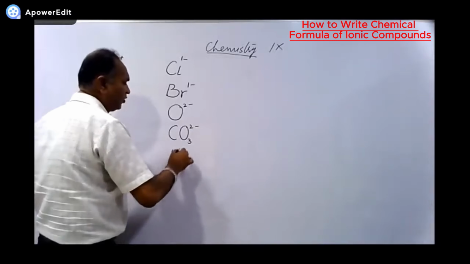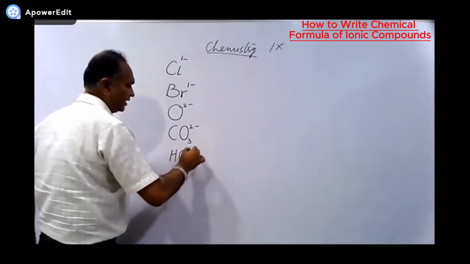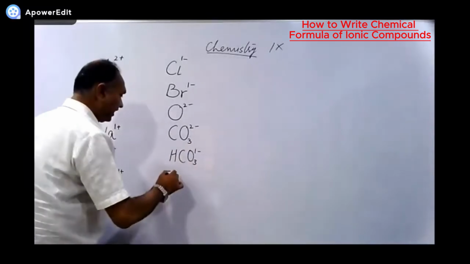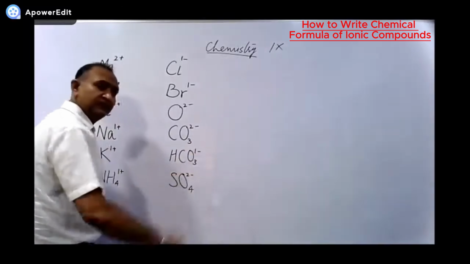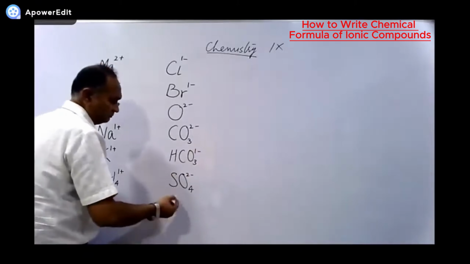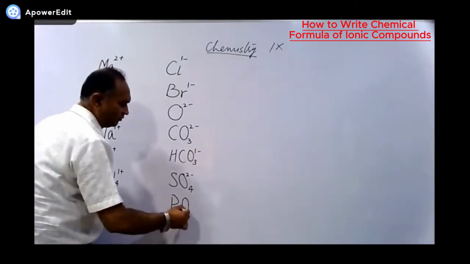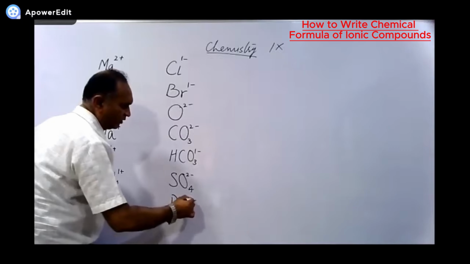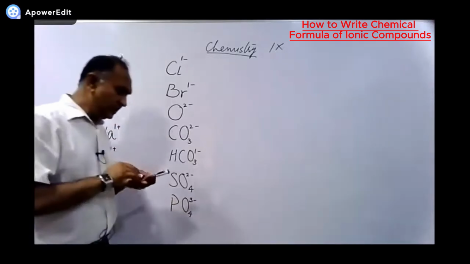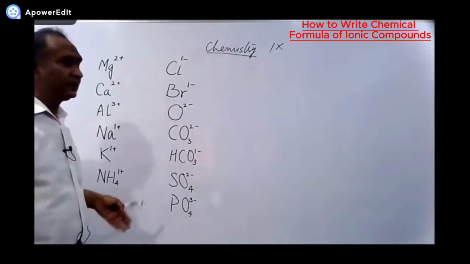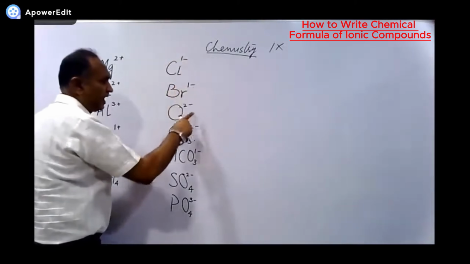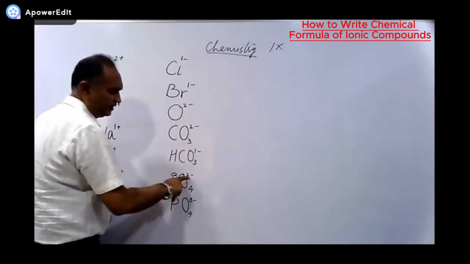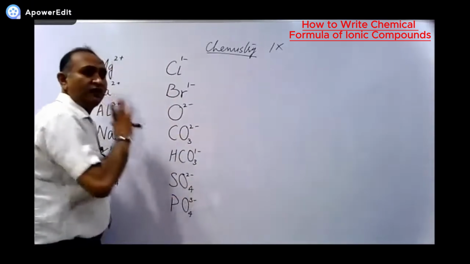Then HCO3 1 minus. Then SO4 sulfate, then another one, phosphate, 3 minus. So what have I written here? I have written some anions: monovalent, monovalent, divalent, divalent, monovalent, divalent, and trivalent.